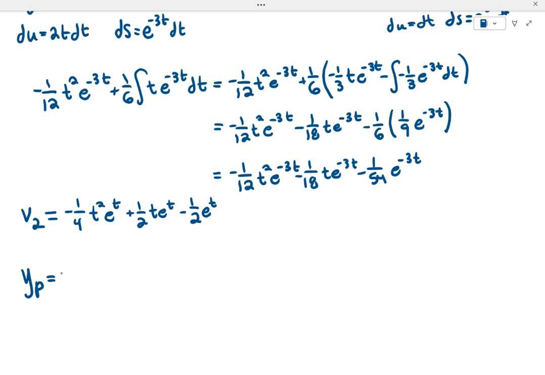yp equals v1 y1 plus v2 y2, which equals v1 e to the 3t plus v2 e to the negative t.